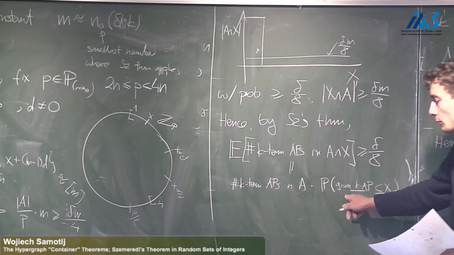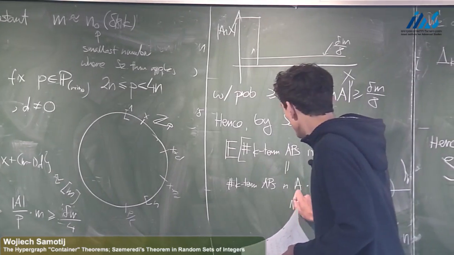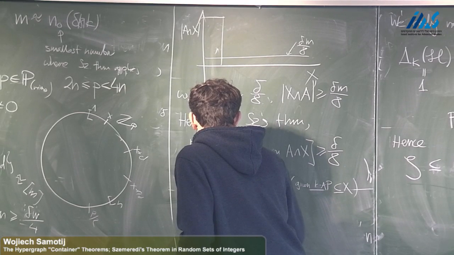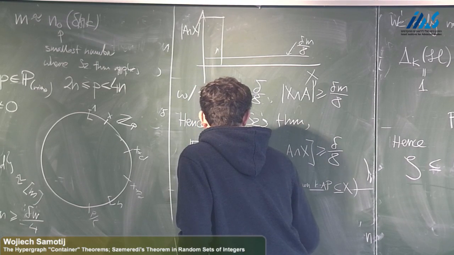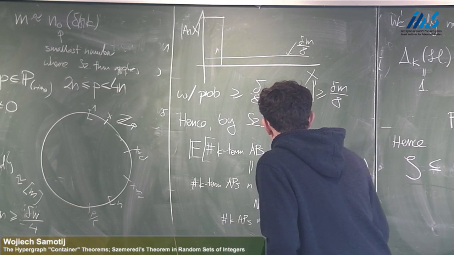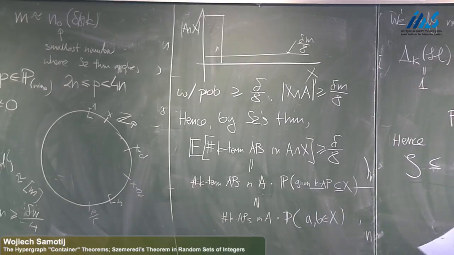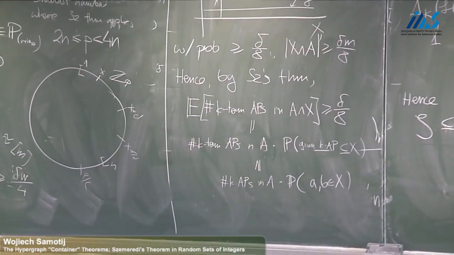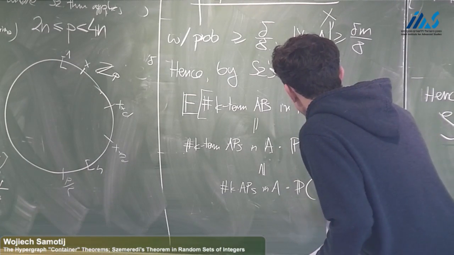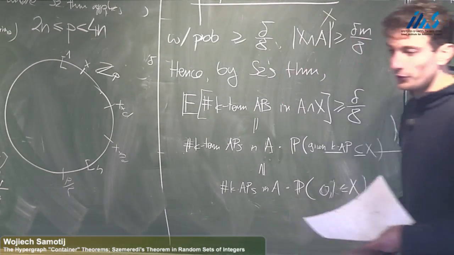Now, I will upper bound it by saying that this is the number of k-term APs times the probability that given two elements a and b belong to X. This is clearly an upper bound. And by symmetry, I can assume that these are just 0 and 1.